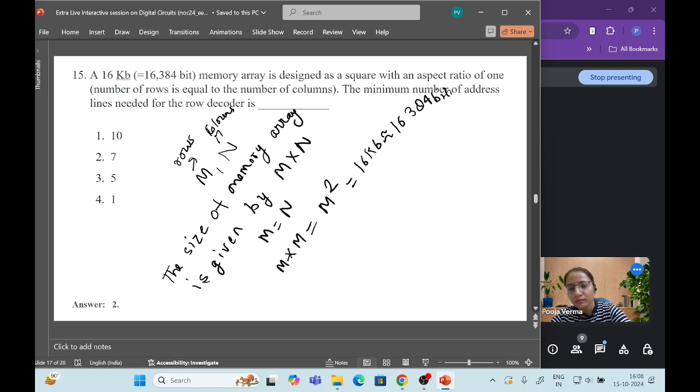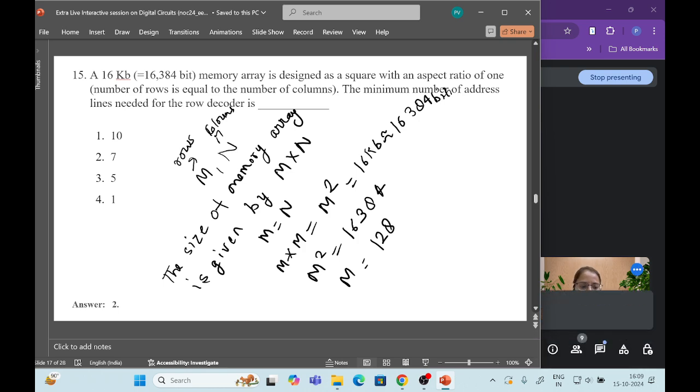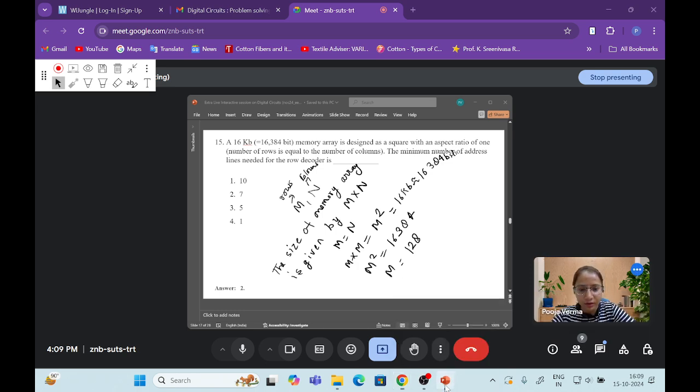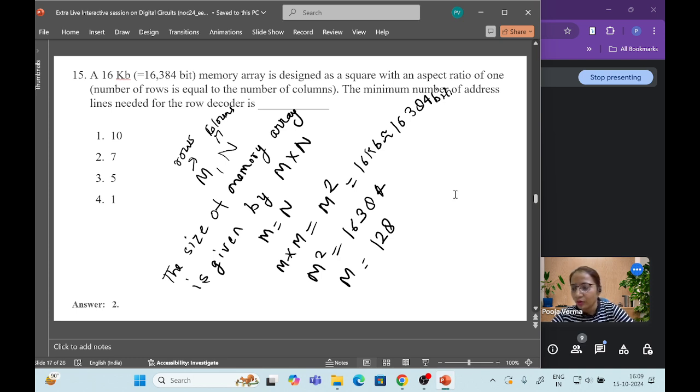Now m square is equal to 16,384 bits. If you solve it, just check what the root of m will be. You will get m is equal to 128.